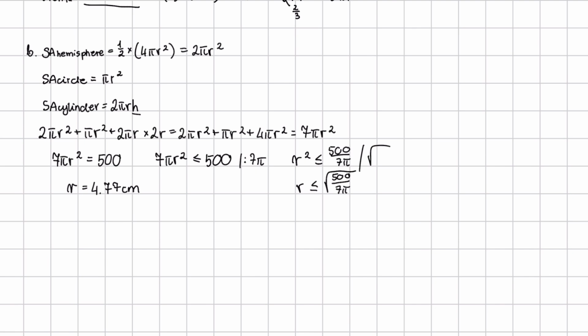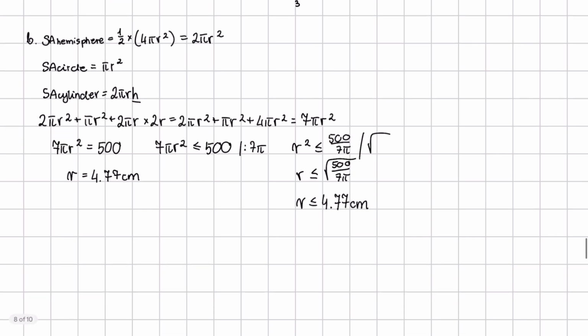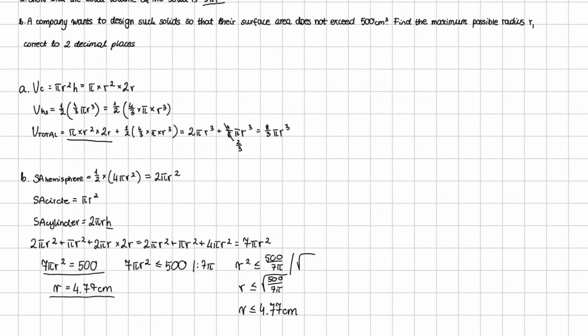And now we are sure that our radius is equal or less than 4.77 centimeters. But if we have something like this, we can simply type it into our GDC into the solver and quickly have the results. And that was the last problem from this topic, geometry of 3D shapes.